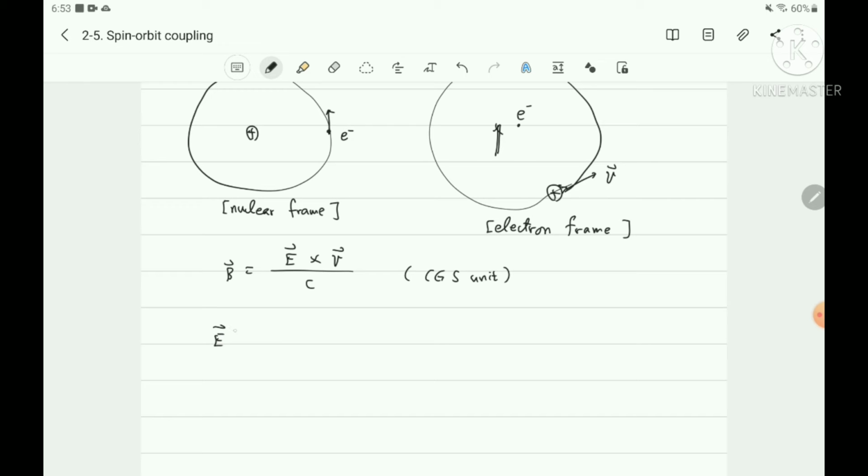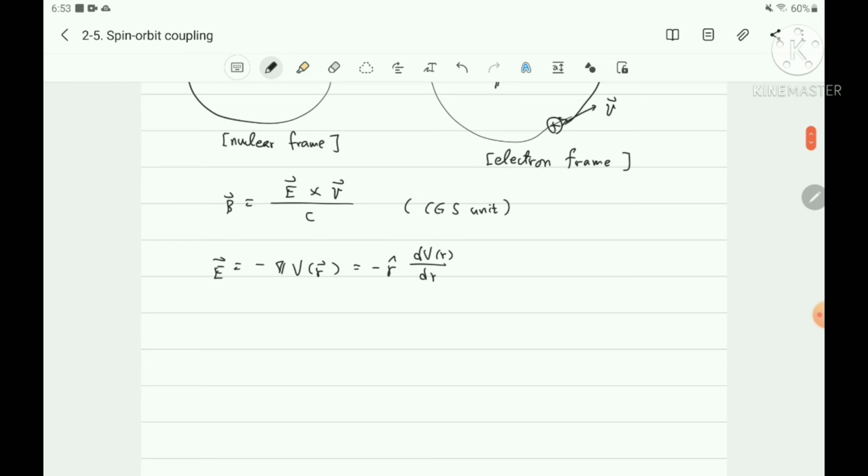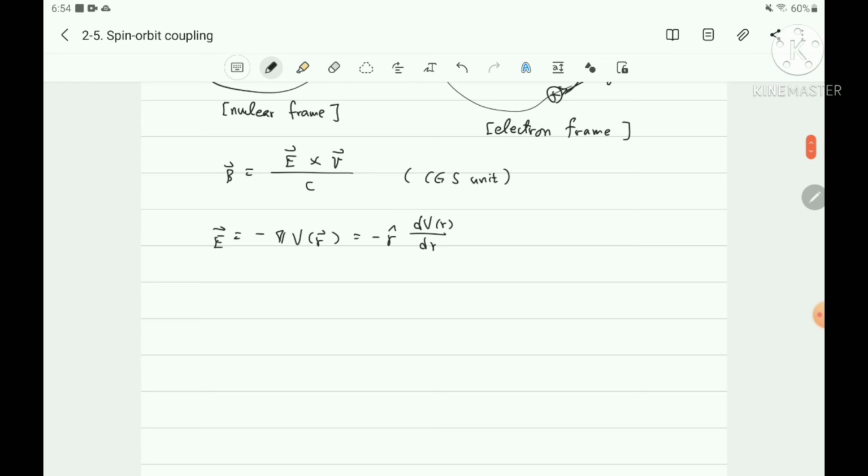And as you know, the electric field is the negative gradient of the potential. For a radial potential, in this case, E equals minus r hat dV/dr. The spin-orbit interaction is the Hamiltonian of the electron due to the interaction between the magnetic field and spin.